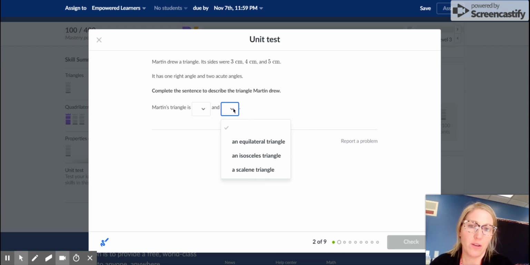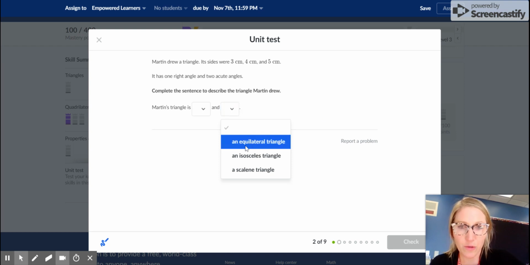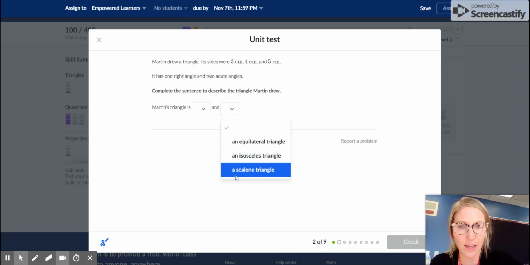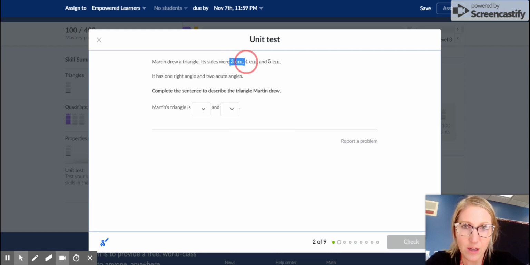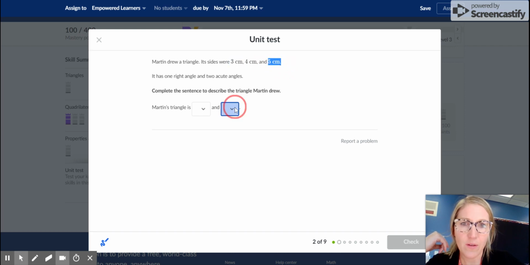Now, the other way a triangle can be classified is based on its side lengths. So the 3 classifications are equilateral, isosceles, and scalene. So scalene is exactly what this triangle is describing up here, that its one side length is 3, another side length is 4, and another side length is 5.